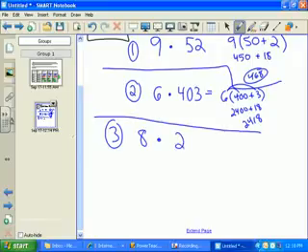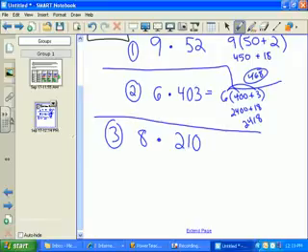Let's say something like, I guess it's nice if there's a 0 in there too. That might be fast. So 8 times 200 would be, what would that be? 1,600, because you have 2 zeros on there.